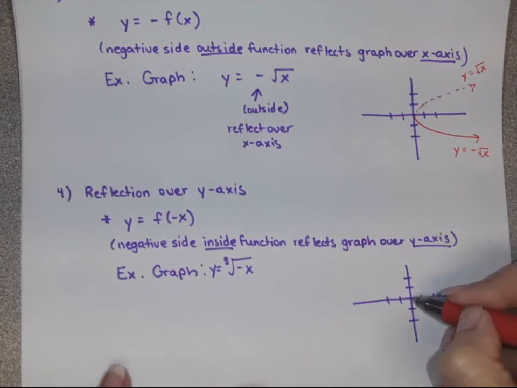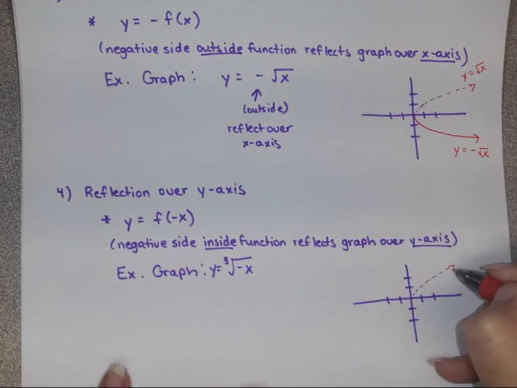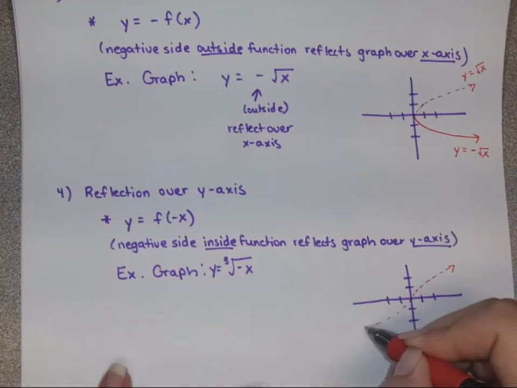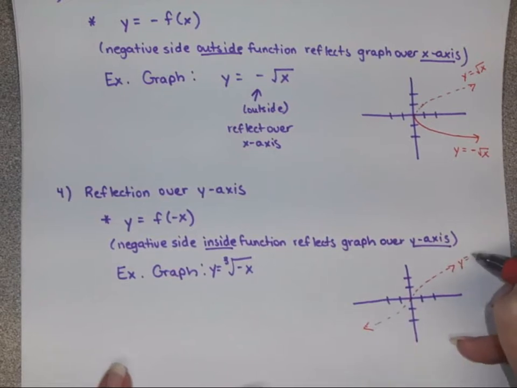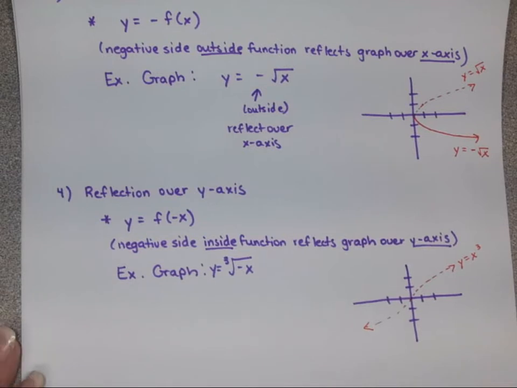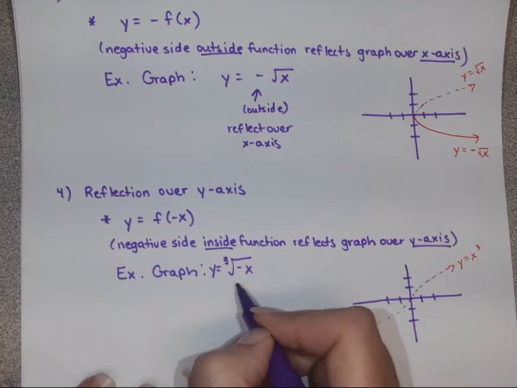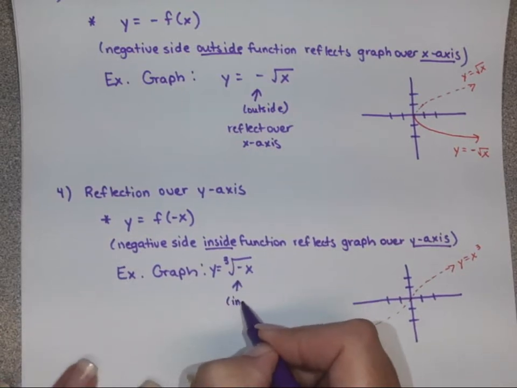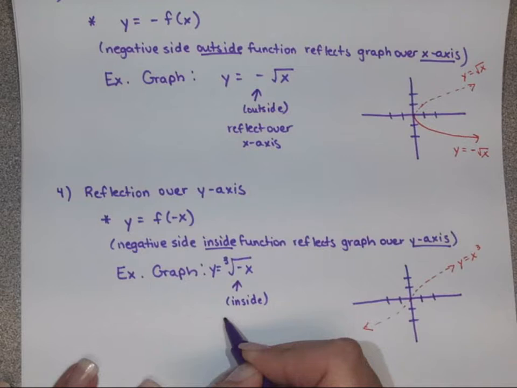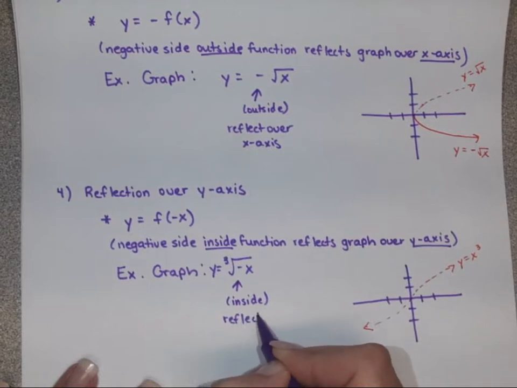It's a sideways cubic graph, so it curves this way and then this way. So again, step A is, do I know what the original looks like? Step B is, can I make the change that's appropriate? Notice this negative sign is inside, so it's trying to tell you to reflect over the y-axis.